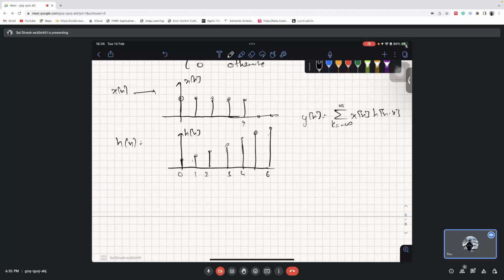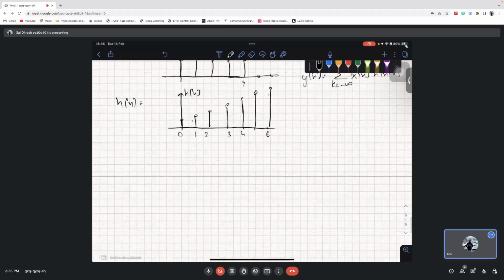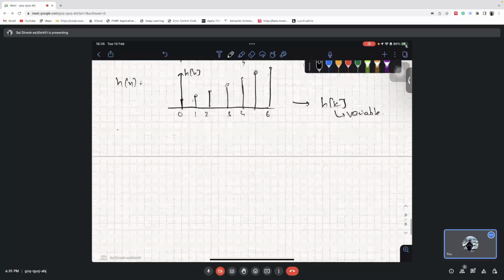So we split this. So how? Let's represent this as h of k. So k is the variable here, right? How do we get h of minus k?